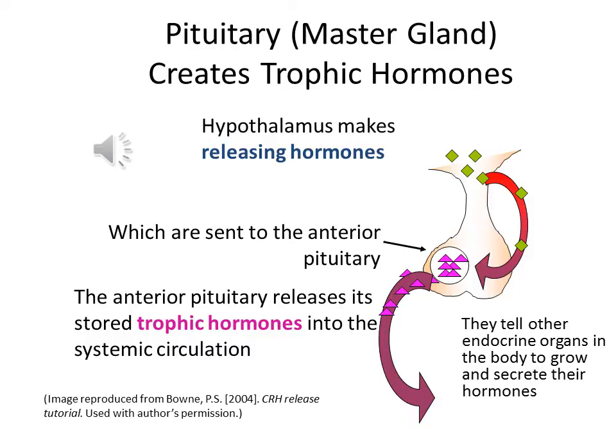The main function of TSH, ACTH, FSH, and LH are to release hormones from other endocrine glands.